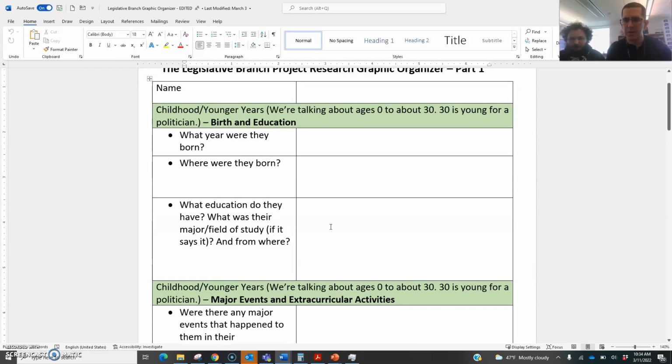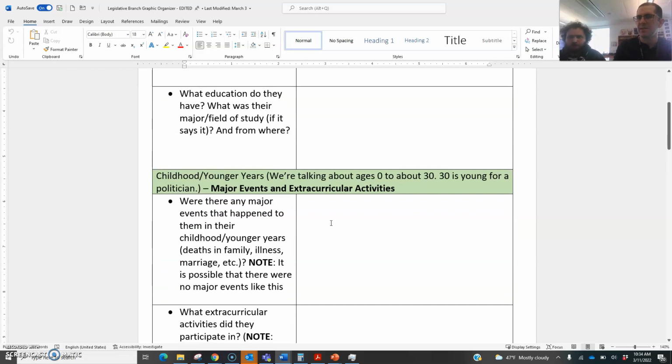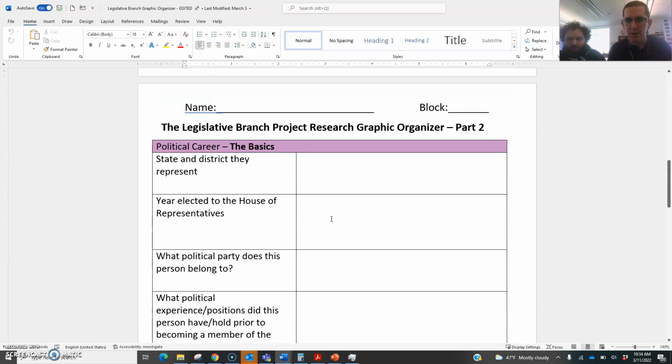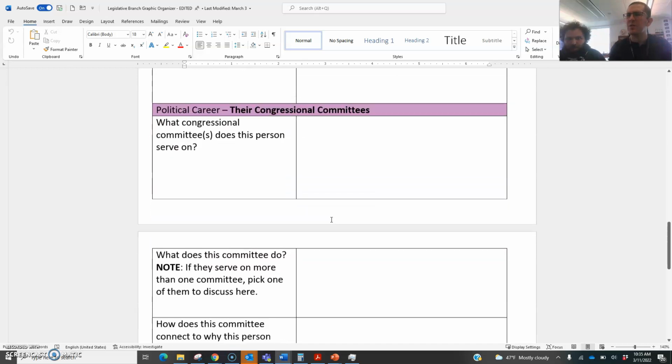We're looking for things like birth and education, major events and extracurricular activities, basics about their political career, about what state do they represent, what year were they elected, and so on. And also stuff connected to their congressional committees. As we know, there's hundreds of members of the House of Representatives. There are certain committees that deal with particular issues. You got to research information about their particular committee.